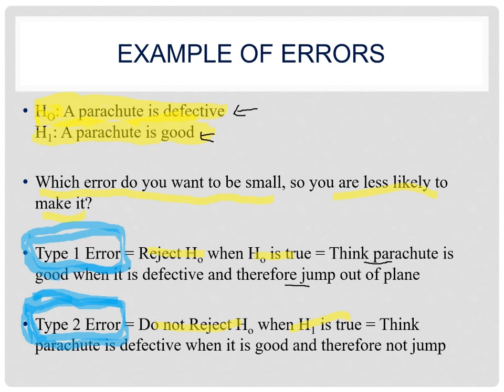So it's a balancing act. And if the consequences of neither are very dire, then we don't worry about it too much and we just use 5%. Okay? But certainly if the consequences of one error or the other are really, really bad, you might want to consider lowering or increasing the alpha depending on which error is going to yield the worst consequence. Okay.